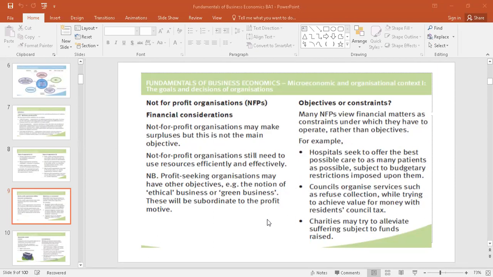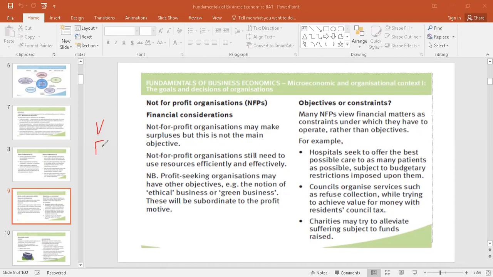Now, if we are talking about a not-for-profit organization, we have understood that there is no aspect of earning profit. But when profitability is not counted, does it mean there is no accountability?